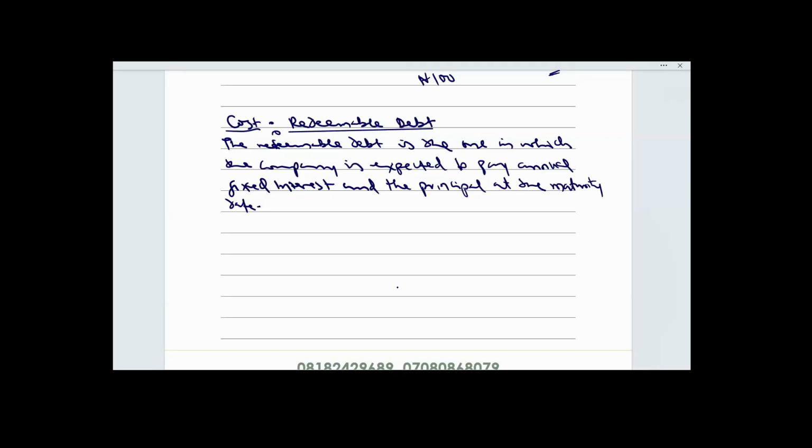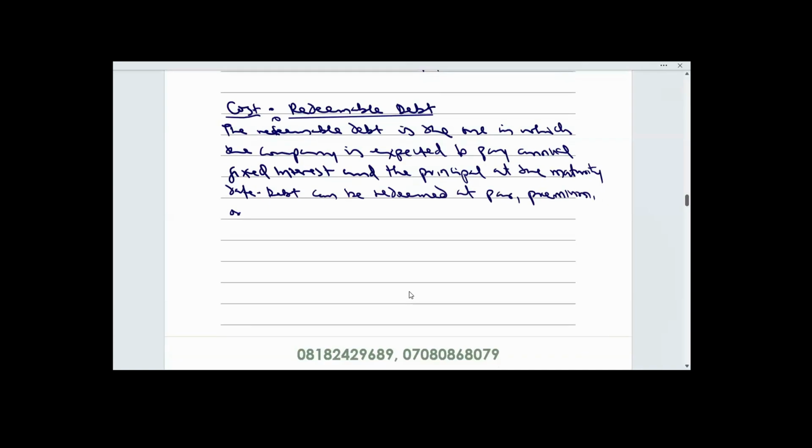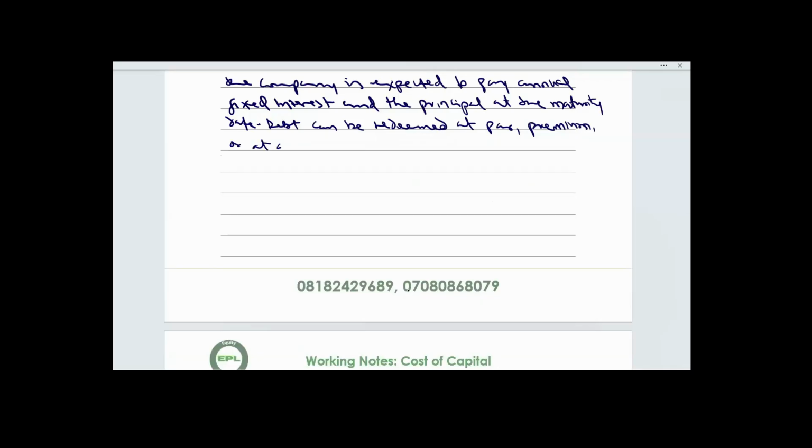So debt can be redeemed at par, at a premium, or at a discount. Like I mentioned last week, if debt is quoted at 100 naira per unit, that 100 naira is the par value.